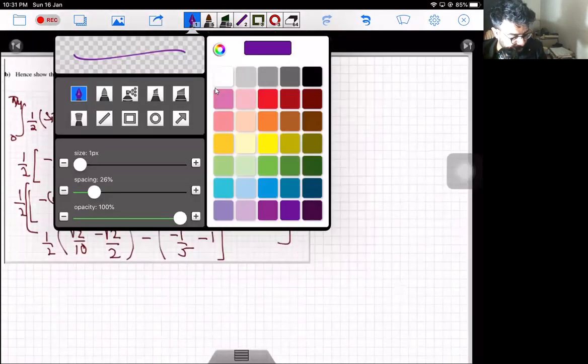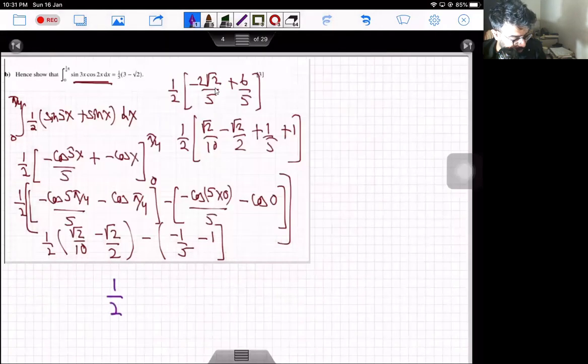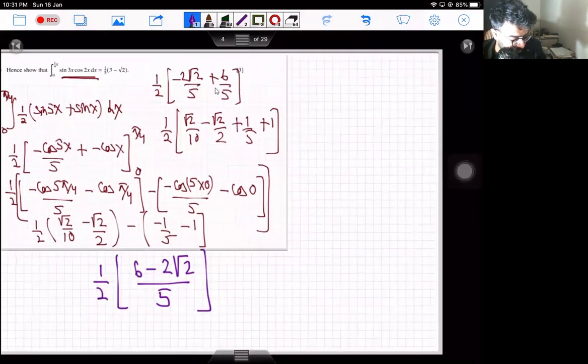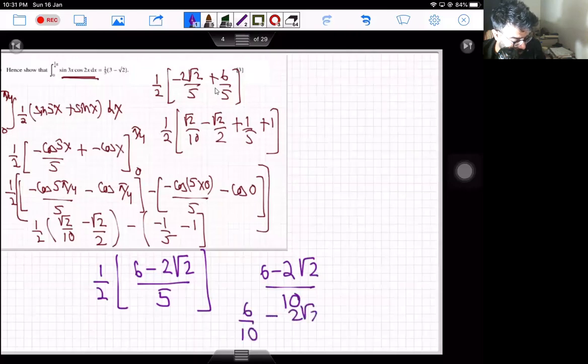So 1 over 2 as a constant term outside, this is 6 minus 2 root 2 completely divided by 5. So this becomes 6 minus 2 root 2 completely divided by 10. So this is exactly equal to 6 over 10 minus 2 root 2 over 10, which becomes 3 over 5 minus 2 root 2 divided by 10.